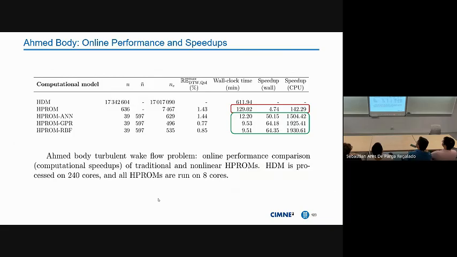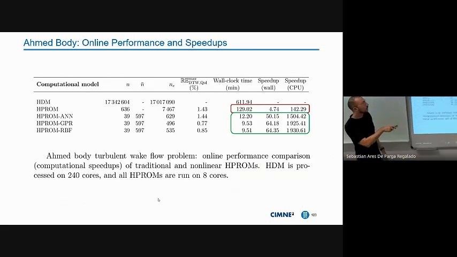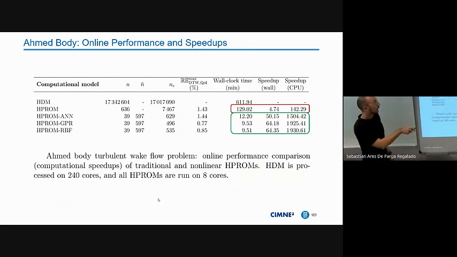Regarding the wall clock time, the original HDM, let us recall, was run on 240 cores. It was taking 10 hours. The HP ROM is only run on 8 cores. It is taking 2 hours, but only on 8 cores. So that means that the total CPU speedup, the combination of time and resources, is already 150 times faster than the traditional HDM.